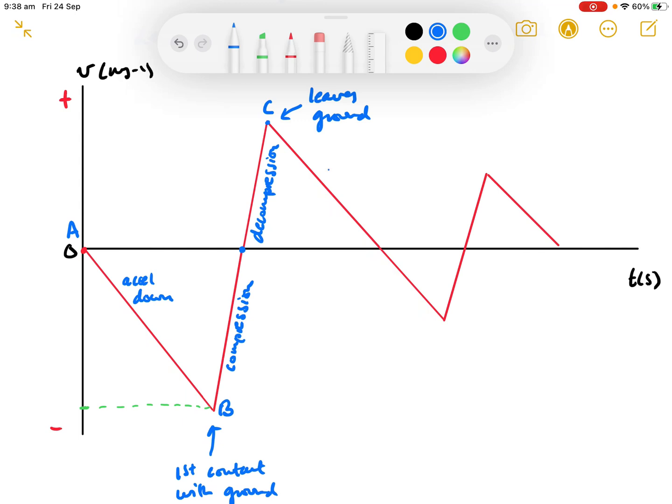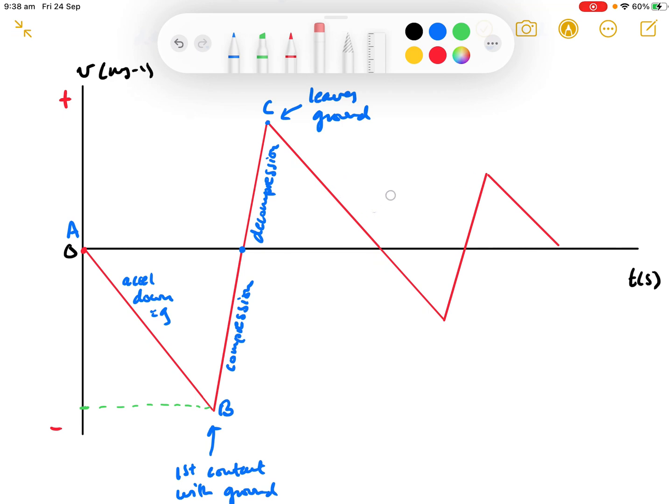Okay, we've then got an acceleration downwards. I beg your pardon, that's nonsense.